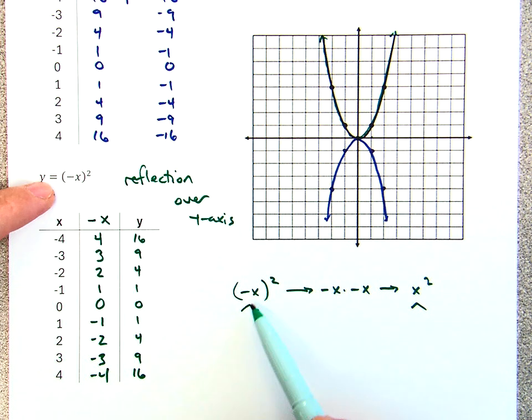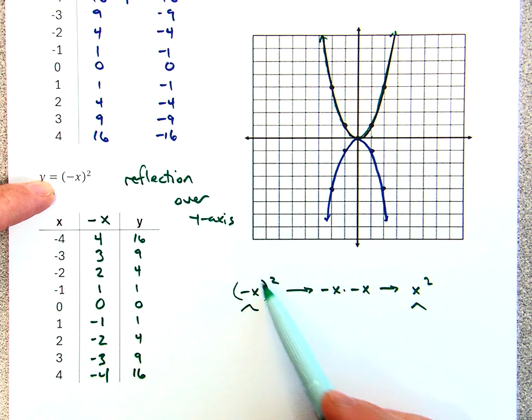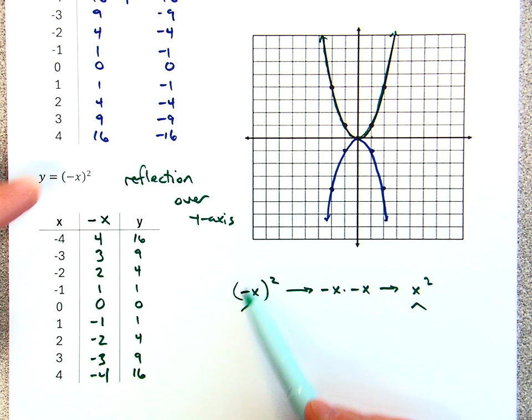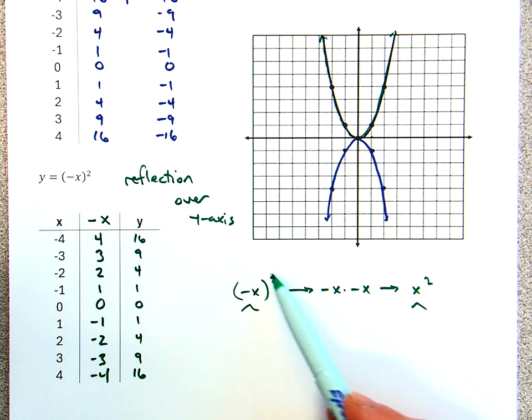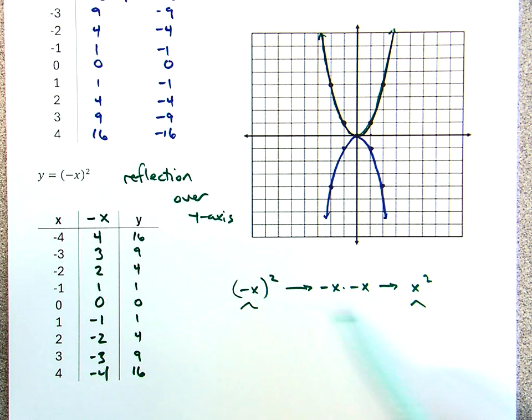So sometimes these transformations that are inside the parentheses, affecting the x, may not be quite as common if you're reviewing it in your class, because we can easily simplify this to some other form, right?